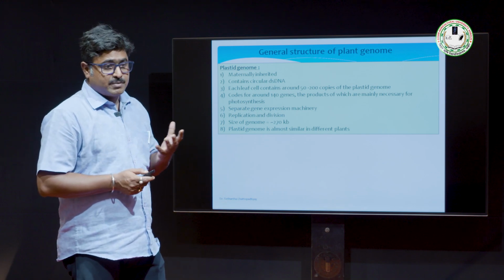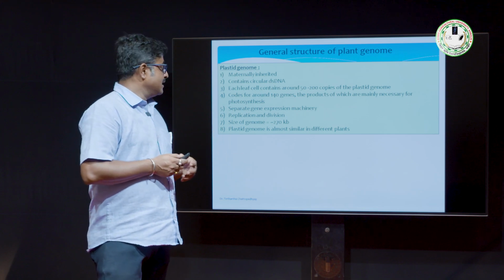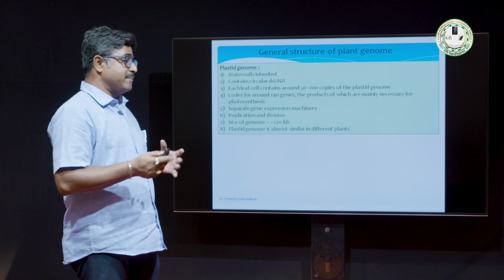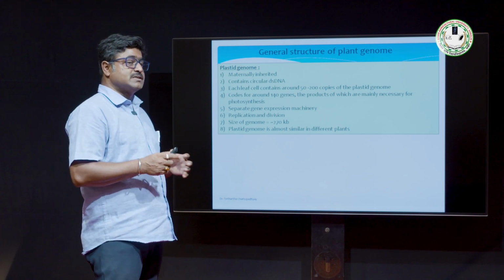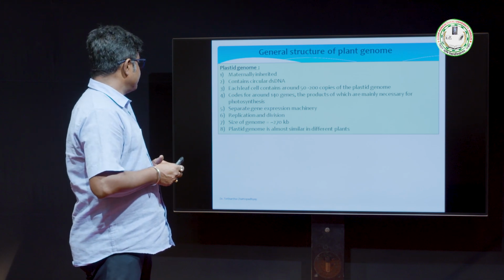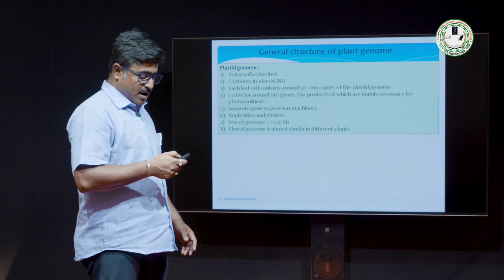As you know, plastids and mitochondria were once free-living bacteria, and through the endosymbiotic theory they have been incorporated in the plant cell and became an integral part of the plant genome. So the replication and division are also independent, and the size of the genome is very small, around 270 kb, and the plastid genome is almost similar in different plants.